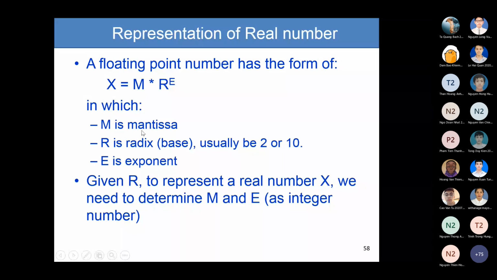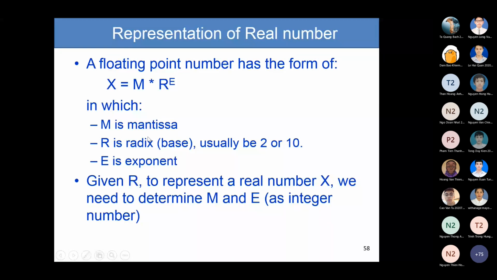Okay, so given a real number, we can find the representation in floating point form by finding the mantissa, finding the base, and also finding the exponent.